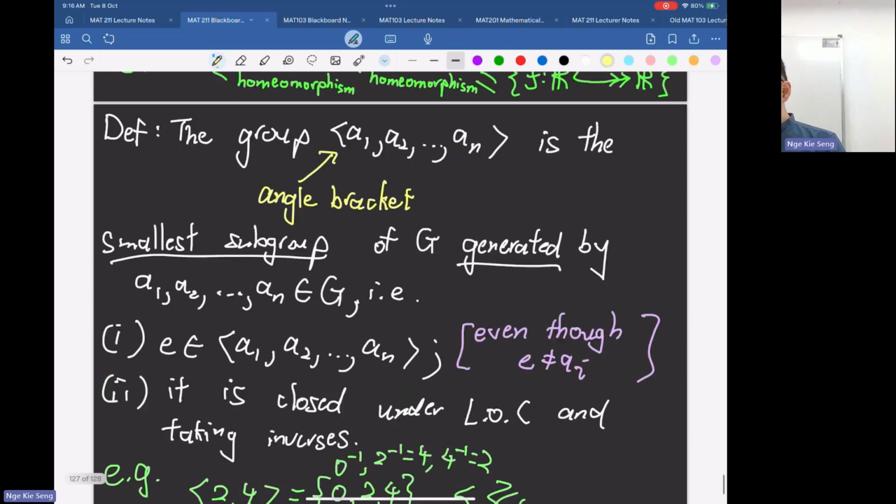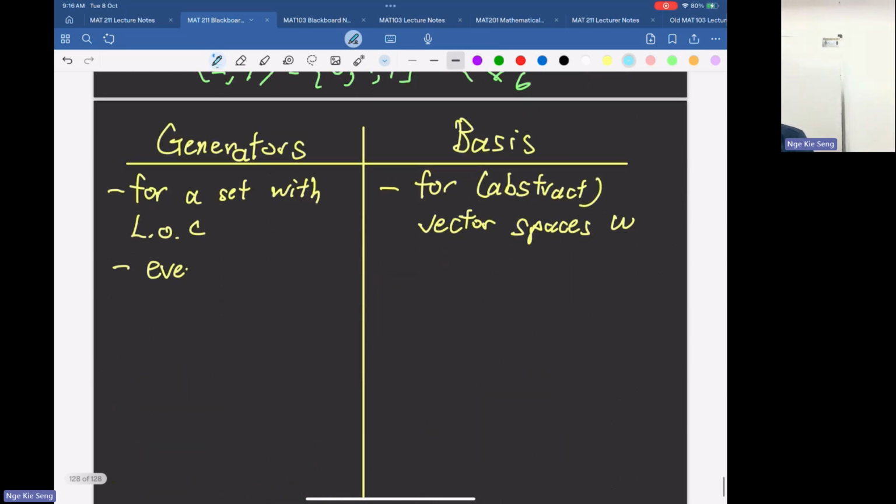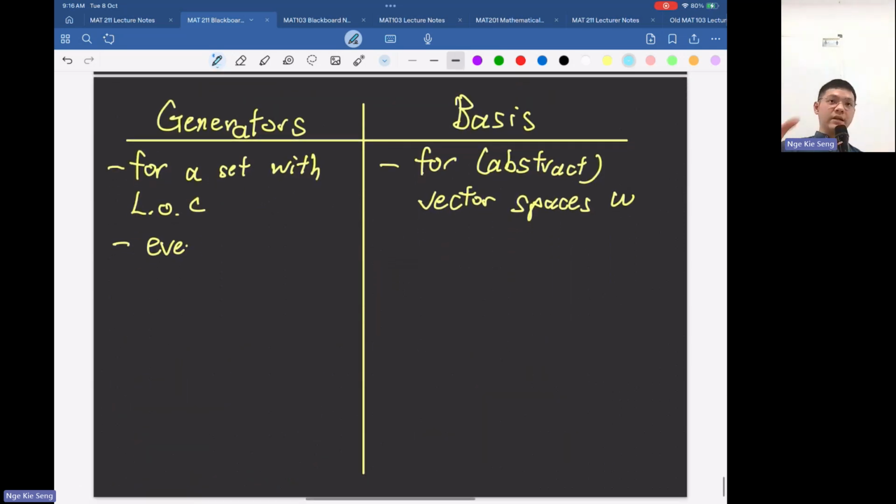Let's call these elements generators, generating elements. But you can listen first. Now I'm just trying to give you some idea, because later we'll come back to the generating ideas again. So what do generators do?